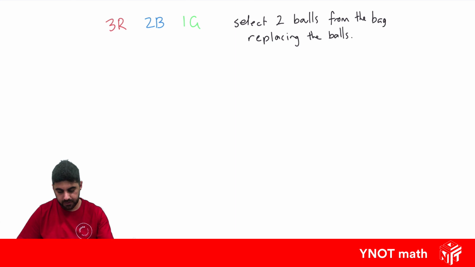So let's have a look. And we want to find the probability of getting 1 green ball.